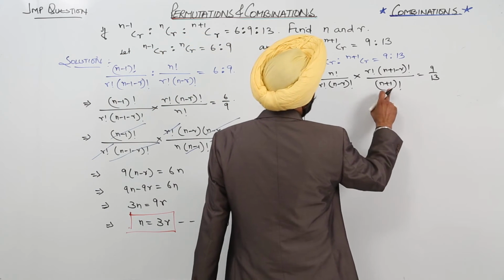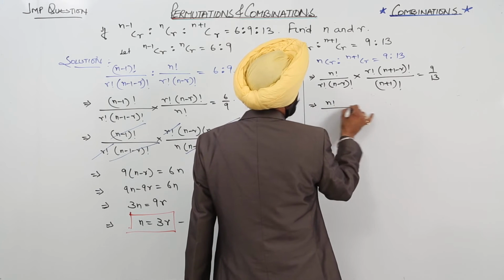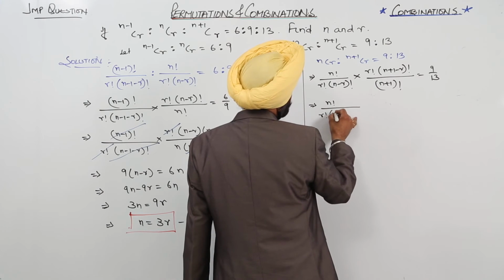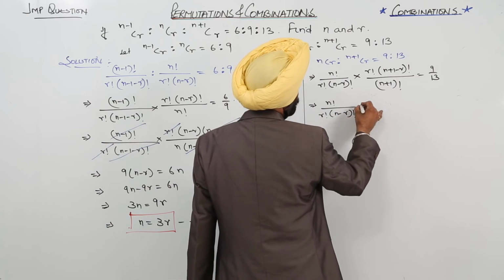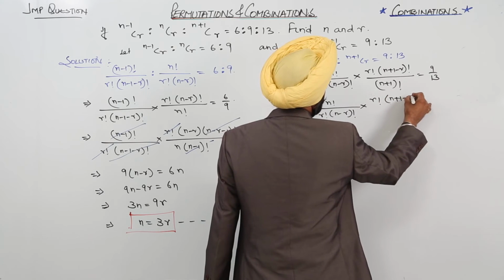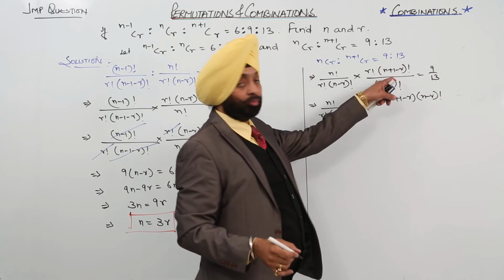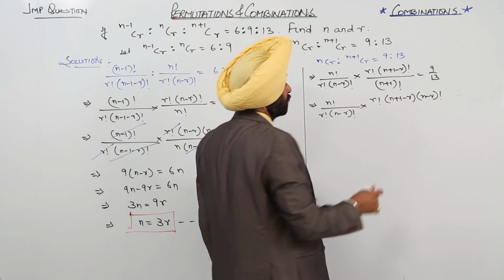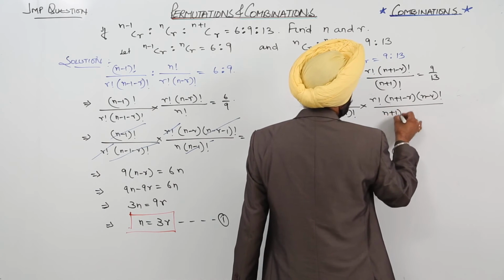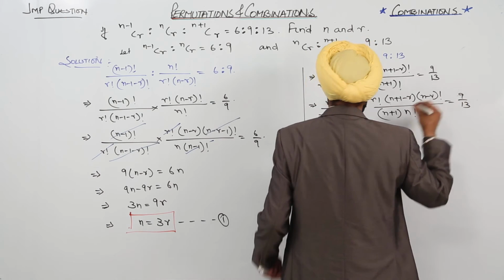Now here n plus 1 is more, so we have n factorial upon r factorial as it is, n minus r factorial times r factorial, n plus 1 minus r factorial. Subtracting 1 from here, the 1s cancel, so n plus 1 minus r times n minus r factorial upon n plus 1 as it is and n factorial is 9 by 13.